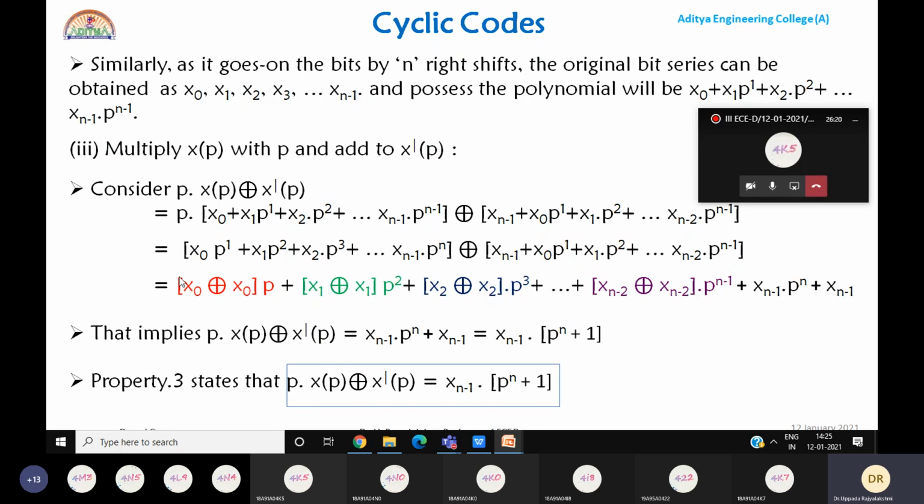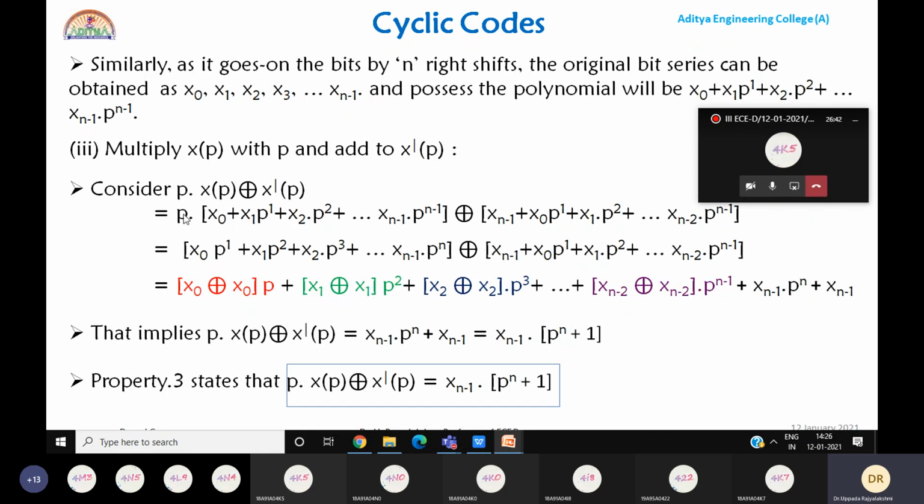Please substitute this x dash of p in this equation. Now take the XOR; you can take p power 1 as common.